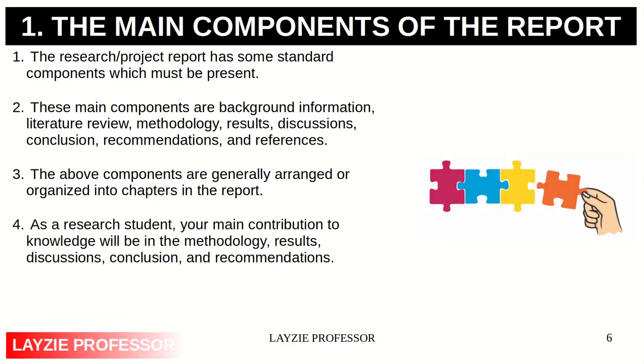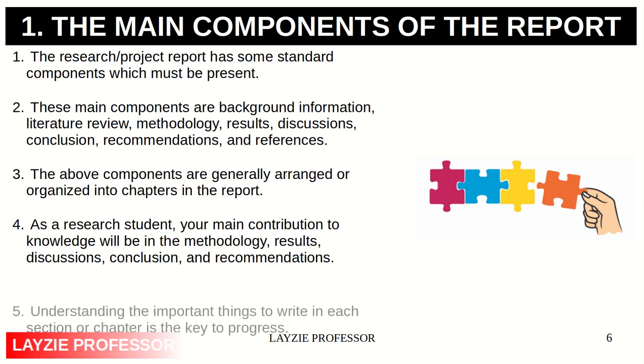And as a research student, your main contribution to knowledge would be where the methodology is, the results, the discussions, your conclusions, and your recommendations, because these are the components of the work where your work fits, what you have done, the knowledge that you have given out, what you have to contribute to the scientific community. These are the places where this knowledge would be.